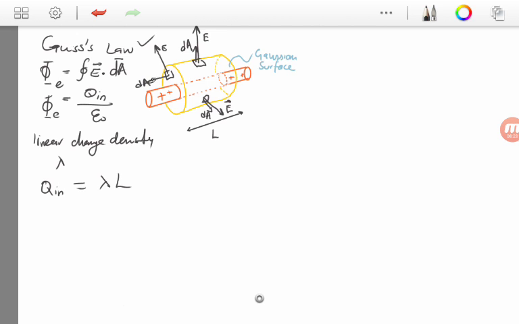The area vector is perpendicular to the electric field, so they form a 90 degree angle, and we're going to have a cos of 90 here, because the angle is no longer 0. When the angle is 0, cos of 0 is 1, but here the angle is 90, and cos of 90 is 0.